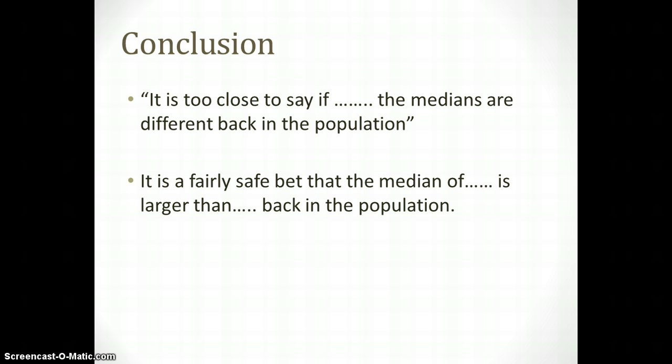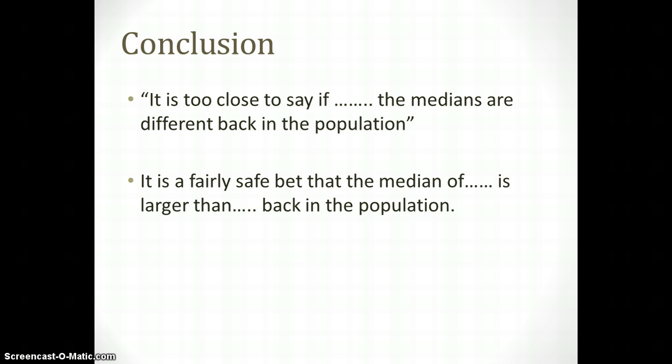What I'm about to say now is the most important part of the whole assessment. Your conclusion. Your conclusion, you have to choose one of these options. You can't choose both, you have to choose one.